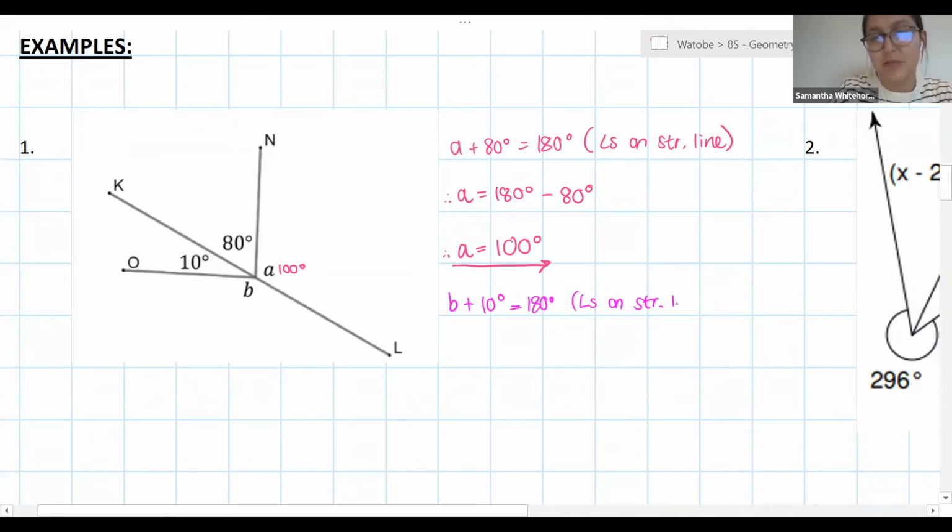Keep going. B is equal to 180 minus 10. Awesome. That means B is equal to 170 degrees. 170, well done. You nailed it.